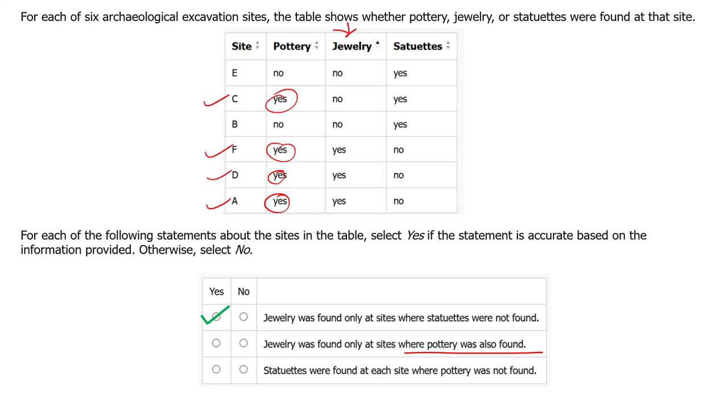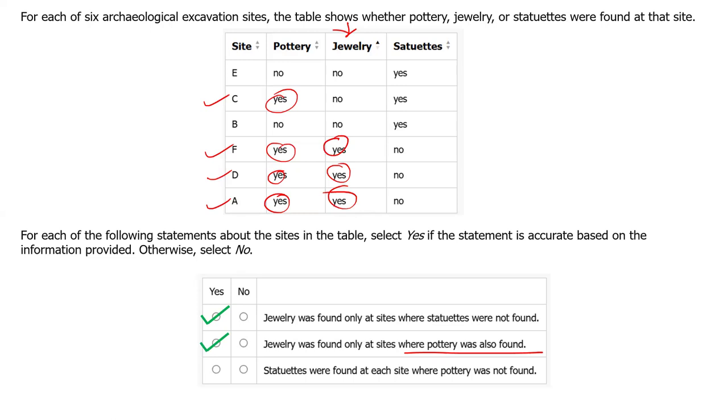This one is tricky. Yes, very nice. Why is it a yes?